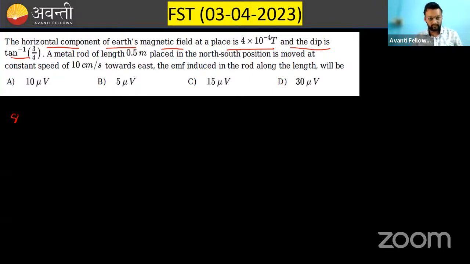Now listen. First of all, how many of you know what is dip, what is horizontal component, what is vertical component? If you know, or what is EMF induced, the motional EMF they are talking about. Do you know these things, or should I explain it a bit?